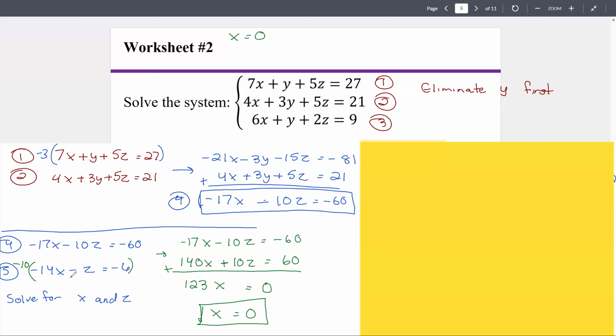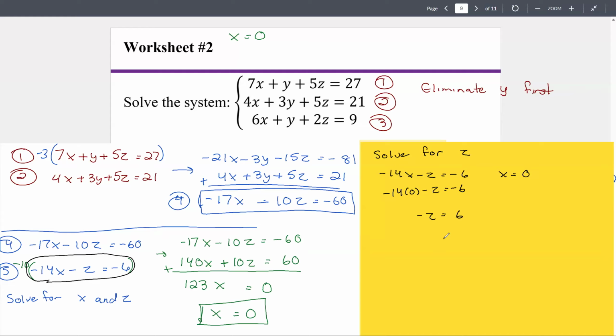We got 2 equations, so let's just pick this one here. We just need to solve for z now. So we know that negative 14x minus z equals negative 6. And we just said that x has to be 0. So that means that we have negative 14 times 0 minus z equals negative 6. So we're getting negative z equals negative 6, which means z is going to be 6.